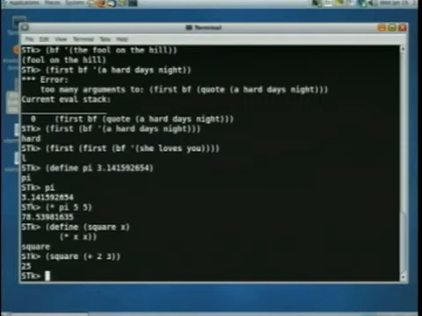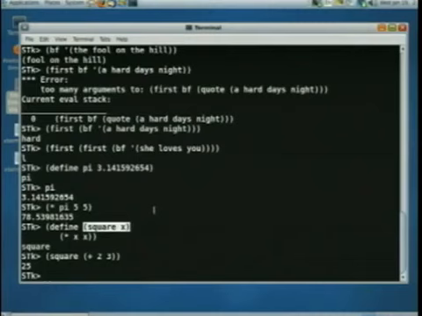One of the exceptions is define itself. Because when I say define pi, at the time I say this, pi has no value. So if this used the ordinary procedure calling rule of first evaluate the argument expressions and then call the function, we'd get an error on this call to define, unbound variable pi. And the same here.